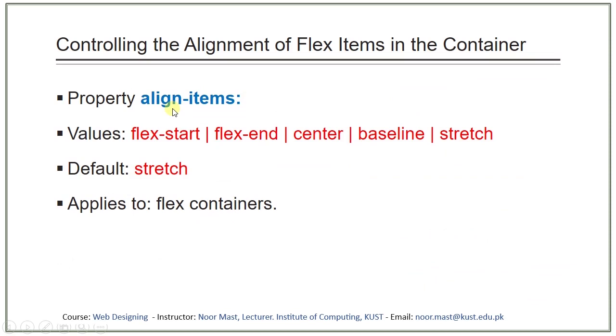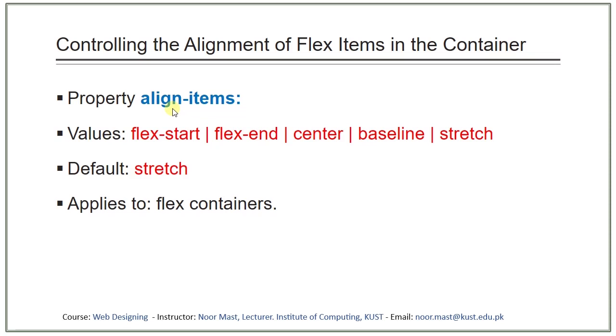The align-items property. The align-items property defines the default behavior, that is how flex items are laid out along the cross axis on the current line. As we studied, the justify-content property aligns the items along the main axis.